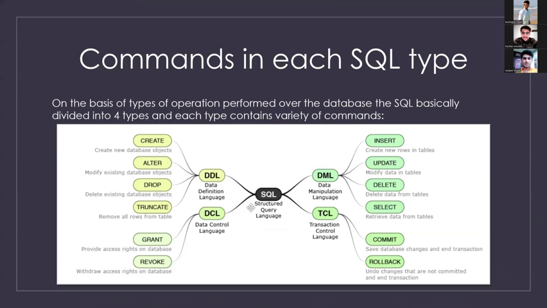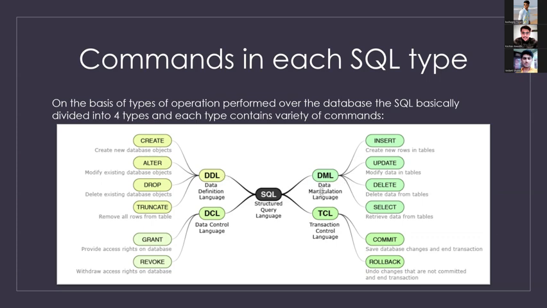So basically, data definition language is used when we want to create a database, or create the structure of our table or structure of a database. Then we use the DDL command. It defines how our database looks, how our table looks. Basically, it talks about the structure. All the alterations which we have to perform over our database or table, we will use DDL commands.